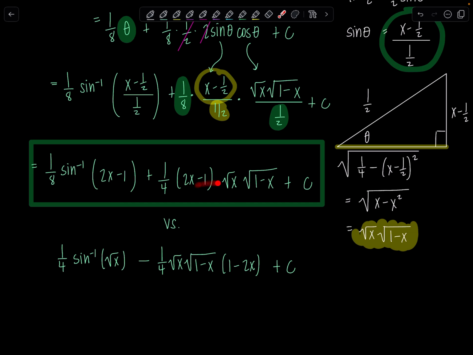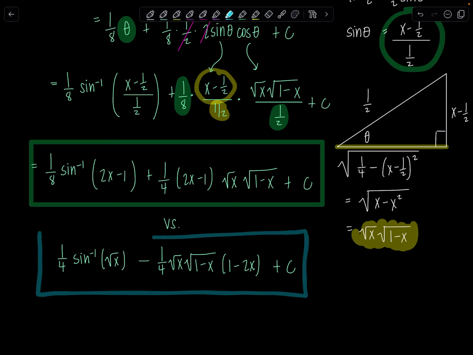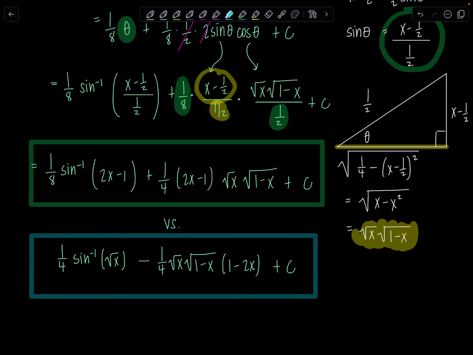So sometimes the terms don't have to be exactly identical. You don't have to be able to manipulate them to match perfectly because we have this plus c. But ignoring this, if you were to add limits of integration and evaluate, they give you the same result. Isn't that pretty cool? Anyways, that concludes the integral of the day, take 2.